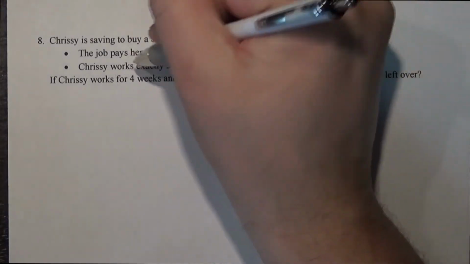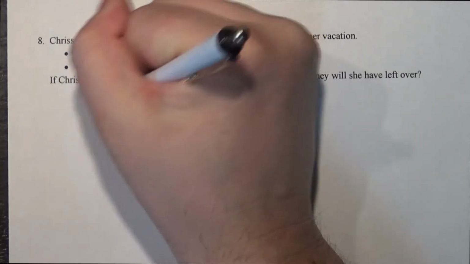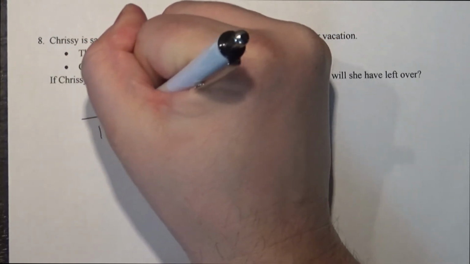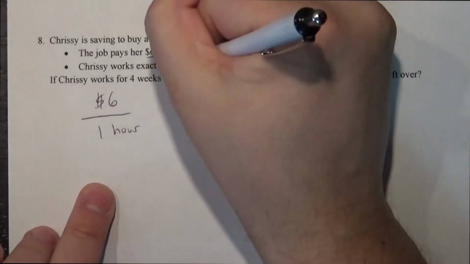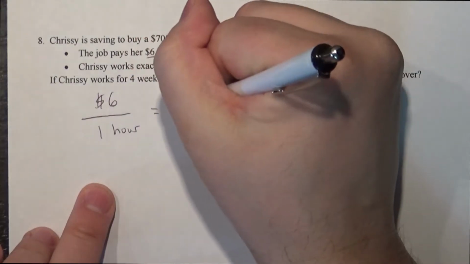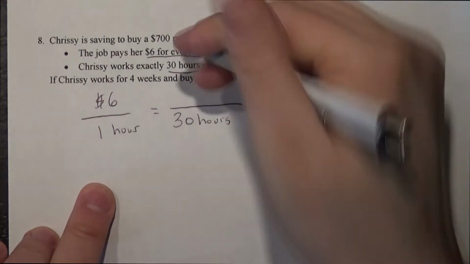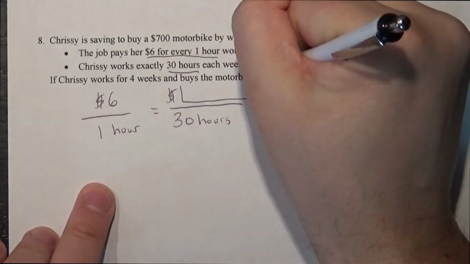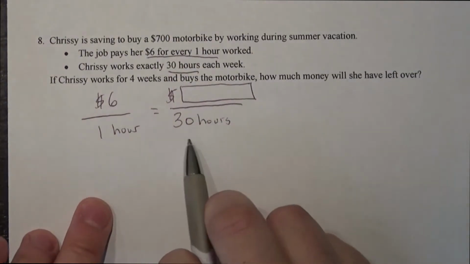So we know that she's working for $6 for every hour. I'm going to make this ratio, $6 for 1 hour. She's working 30 hours every week. So I'm going to figure out her weekly pay because I know this is going to be 30 hours. I don't know how much money she's going to make. So this is what I can figure out. 1 times 30 equals 30.